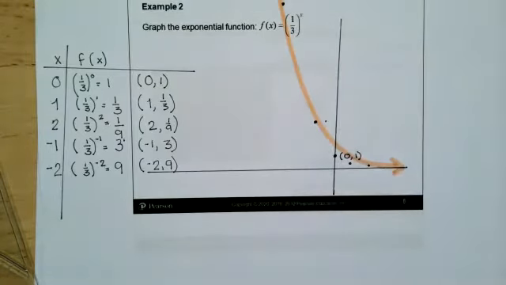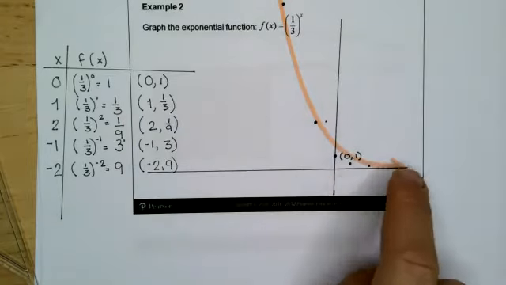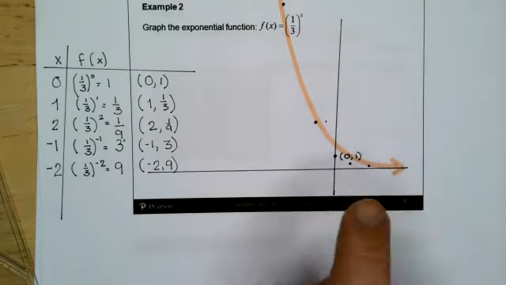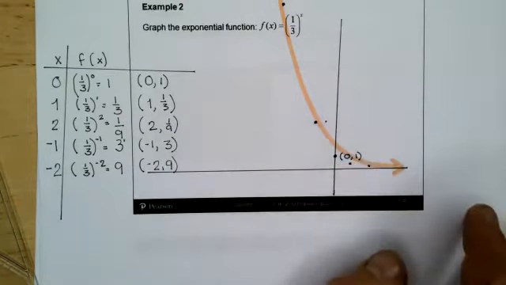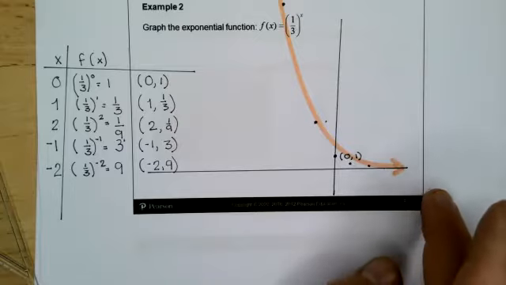So does it meet all of its criteria? It's decreasing. It has a y-intercept at (0, 1), and it's approaching y = 0, but we'll never touch it, right? The rate of decay is 1/3. Each time I move one whole x value, I'm dividing my answer by 3.